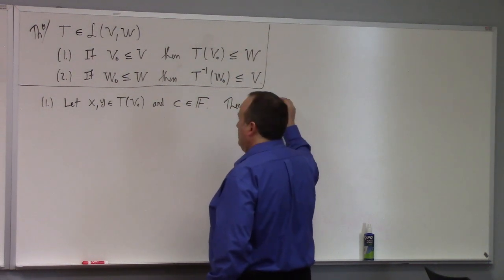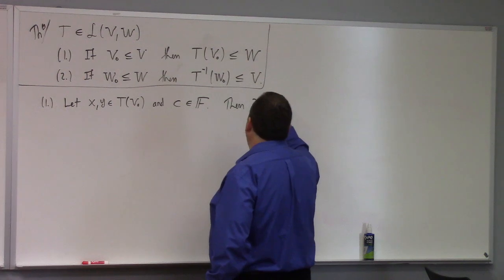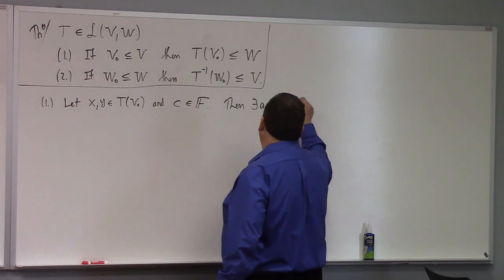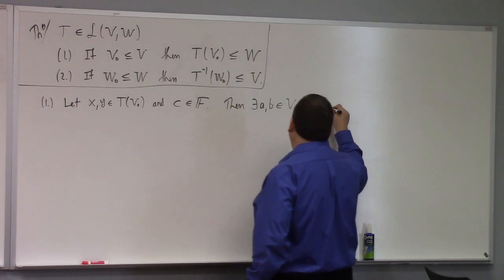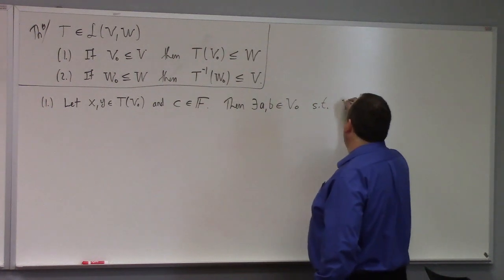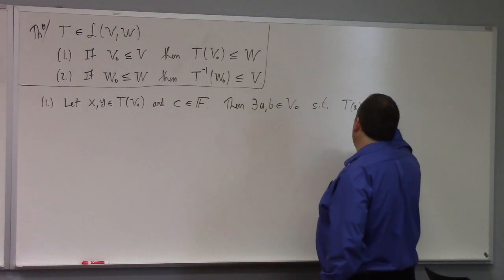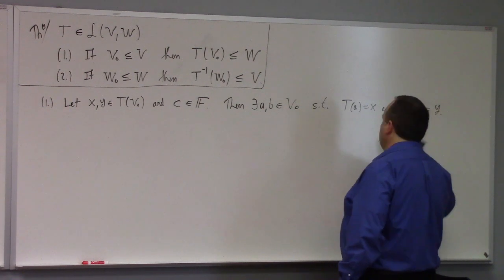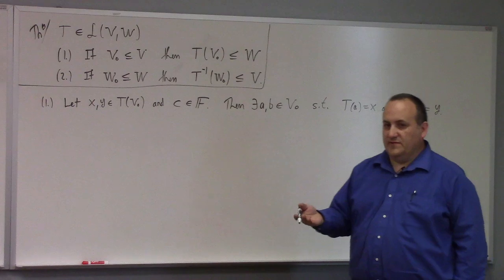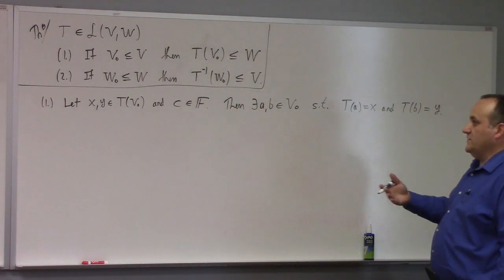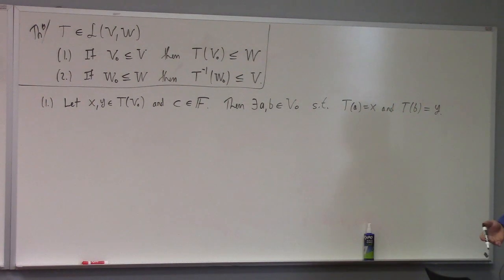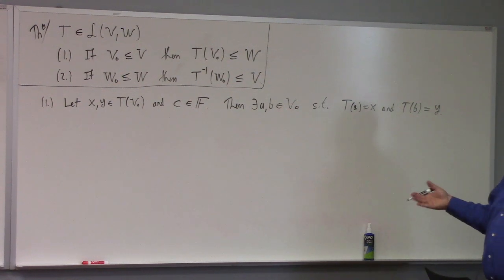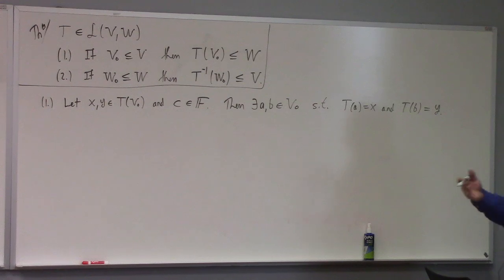Then there exist, let's say, a comma b in V naught such that T of a is equal to x and T of b is equal to y. That's what the image of V naught means. It's the set of all outputs from V naught. So to say x and y are in T of V naught is to say that there are some inputs, a and b, which map respectively to x and y. So this a and b have to exist.